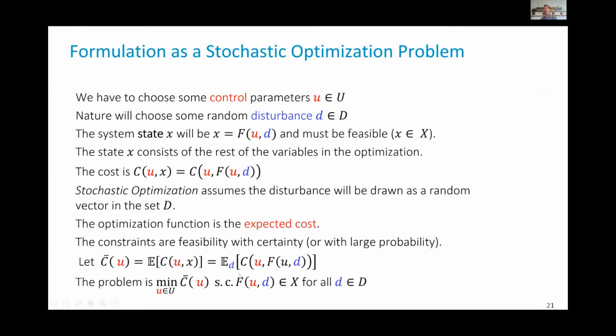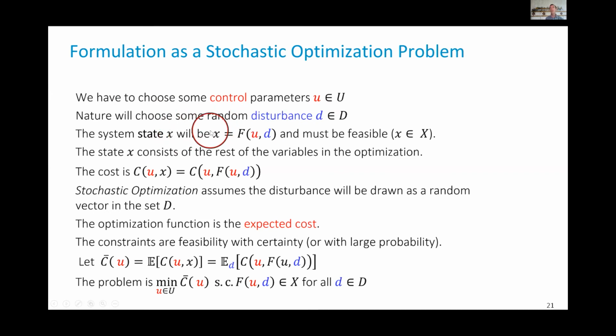A very classical approach, which is not the easiest one, but is very often found in the literature, is to take as cost some kind of average. So to make sense of that, we must imagine that there is a stochastic modeling of the disturbance here. So to recap, we have to choose some control parameter, our generations, nature or an adversary chooses some random disturbance, and the system state.